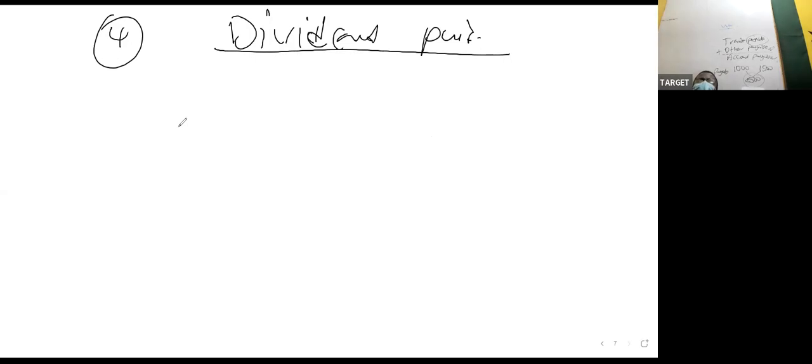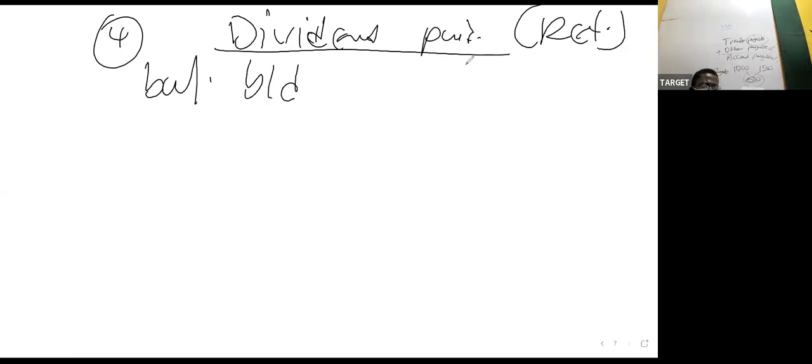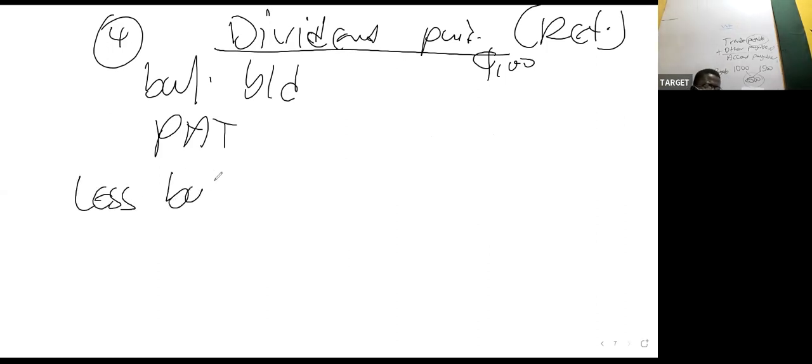Anything paid: open balance of that item, add that item to it, less closing balance, we are done. So dividend paid is equal to the retained earnings opening balance, balance brought down, add the profit after tax to it, less the balance carried down. We are done with the game. Whichever answer you get is the dividend paid. That's all.